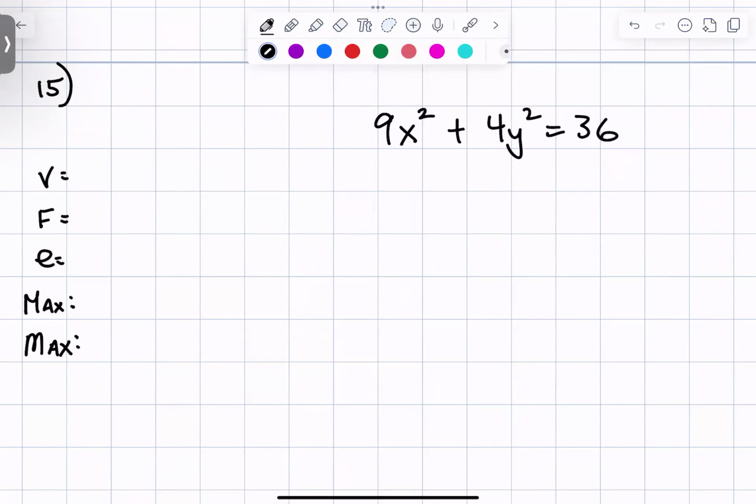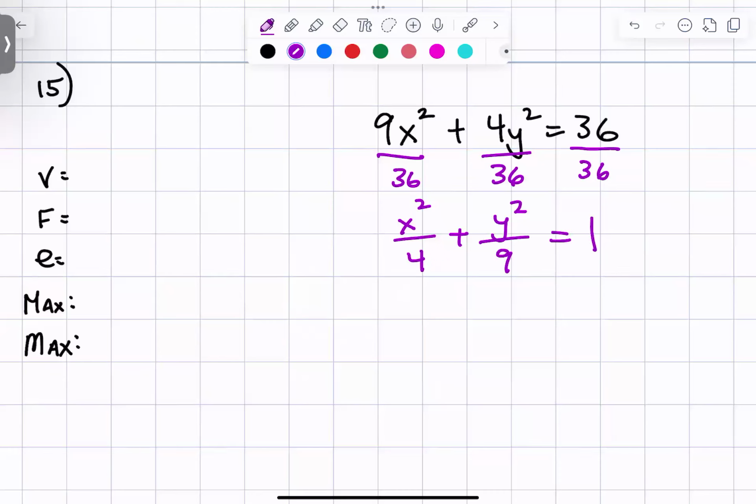So in order to make it equal to 1, we have to divide by 36. Divide by 36 and divide by 36. So this would be x squared over 4 plus y squared over 9 equals 1. Correct?